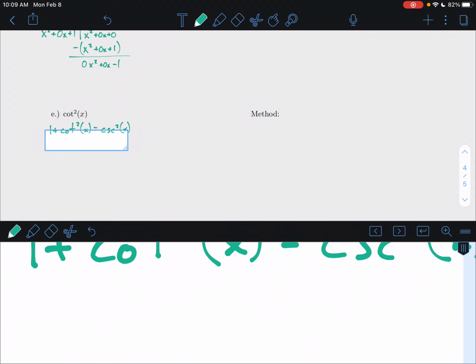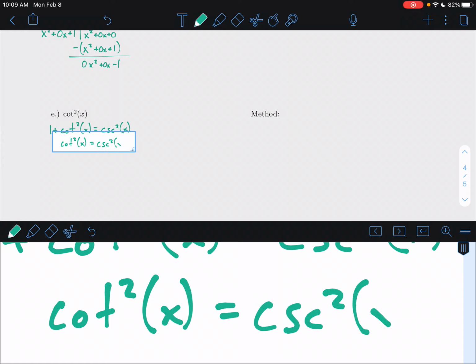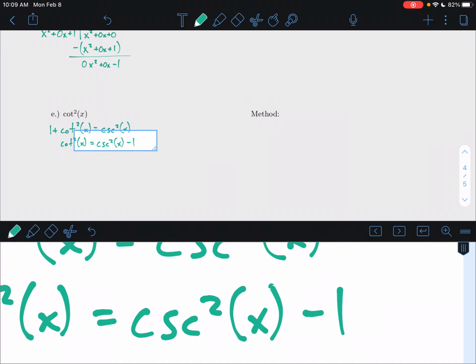And I can subtract 1 from both sides. So I have the cotangent squared of x equals cosecant squared of x minus 1.